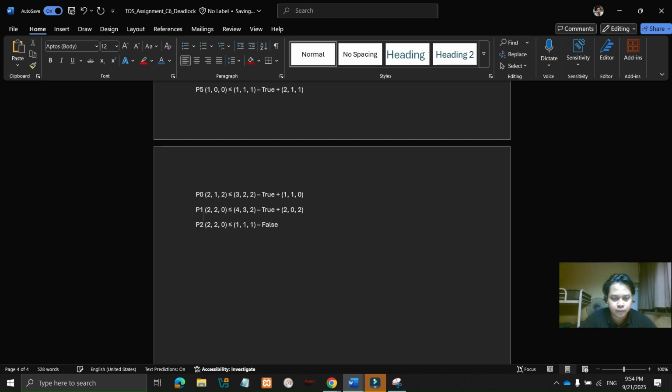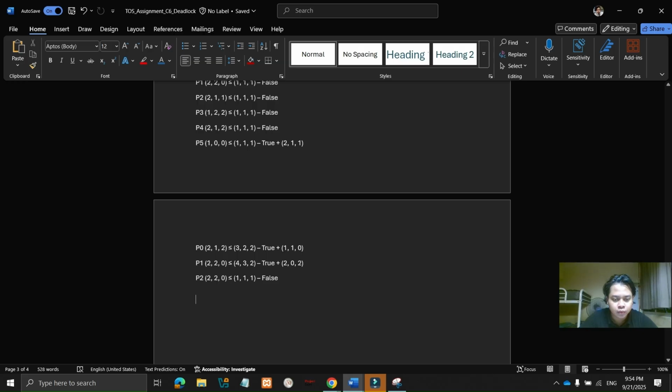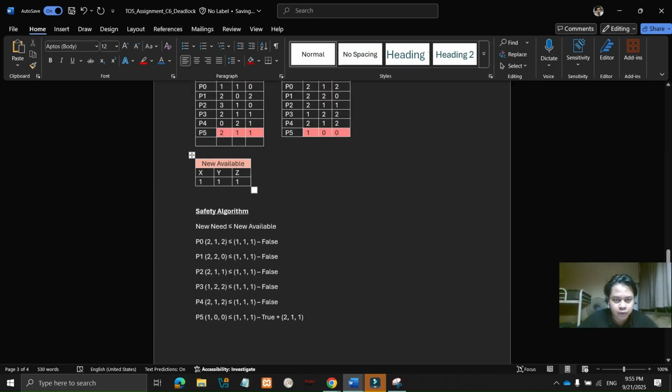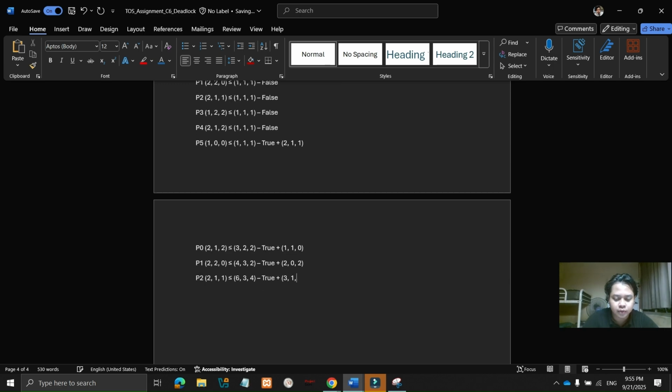And 2 1 1. Then the updated available is 6 3 4, which is also true. So add the allocation of P2 is 3 0 2.